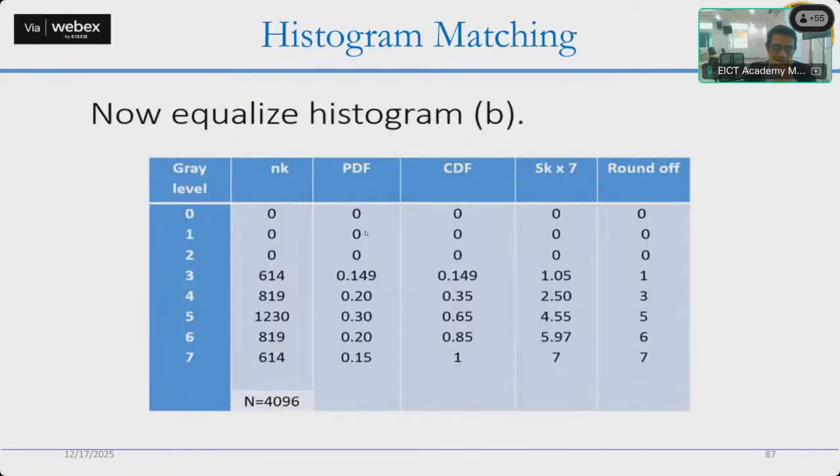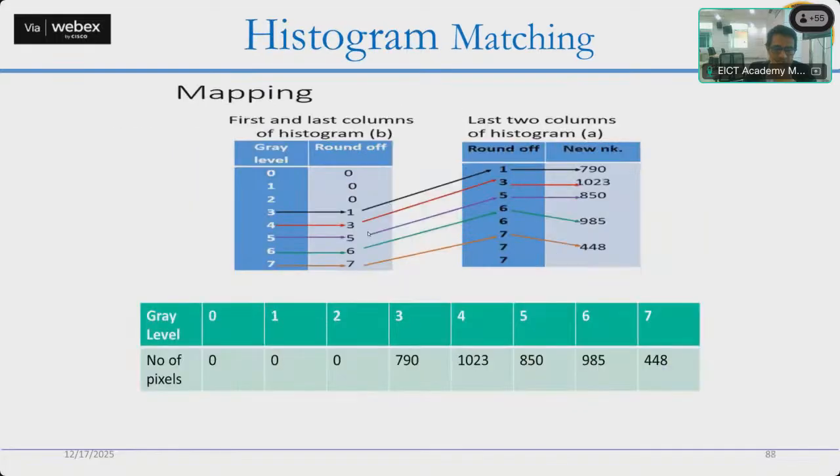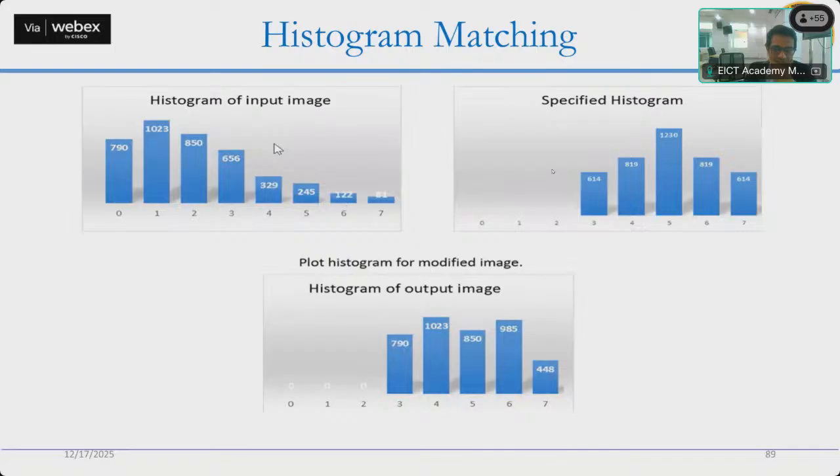This is the ideal one, the one I want to learn from, 1230. This is the specified histogram. And this is the output image. It has learned. See, this histogram has changed to this one, and whatever pattern it wants to learn from this image, it has learned into this image.